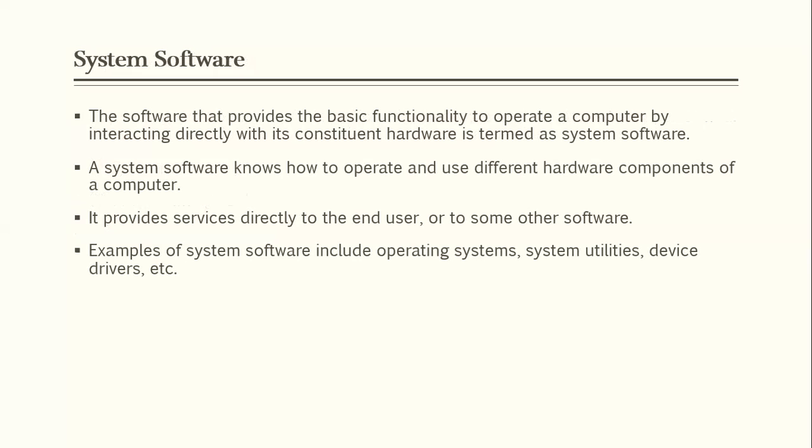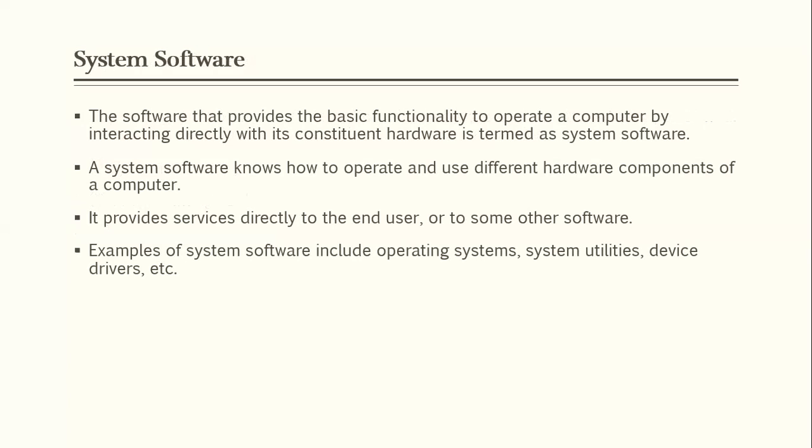System software. The software that provides the basic functionality to operate a computer by interacting directly with its constituent hardware is termed as system software. A system software knows how to operate and use different hardware components of a computer.